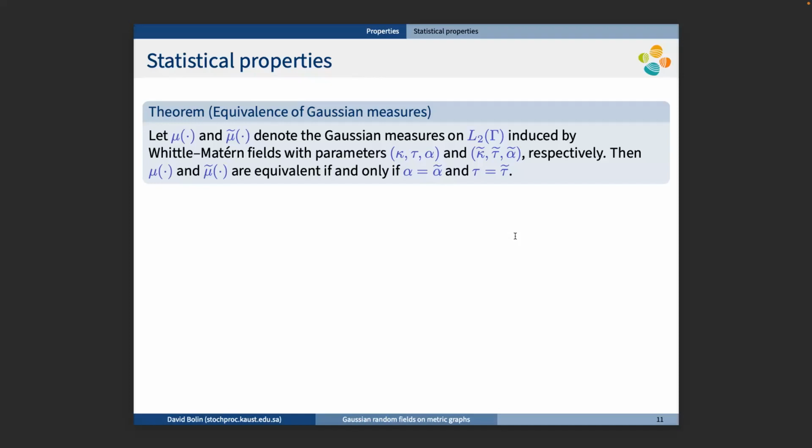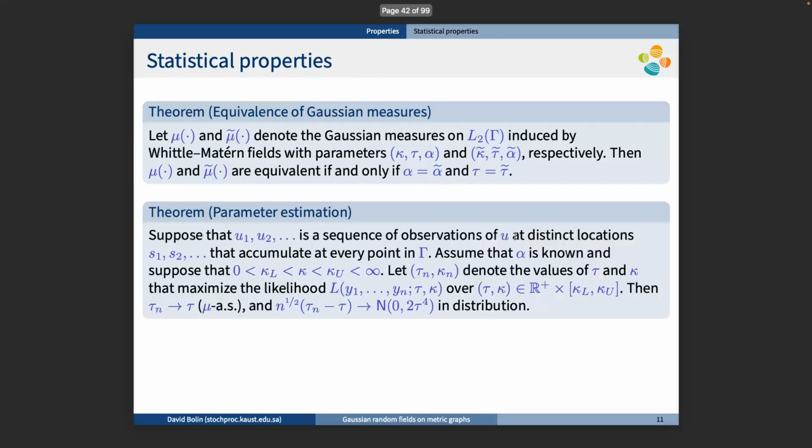So what that immediately tells you is that since the kappa parameter does not influence equivalence or orthogonality of these Gaussian measures, you should not be able to estimate that consistently in a maximum likelihood setting. So what this next result says is that essentially we cannot estimate this kappa parameter, which is basically the practical correlation range, consistently.